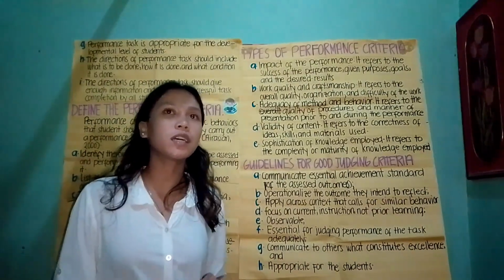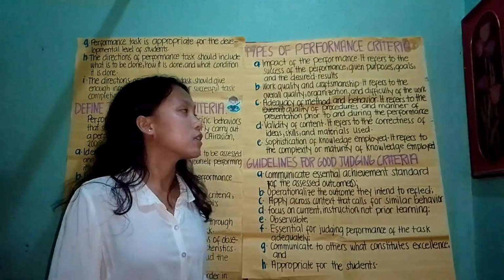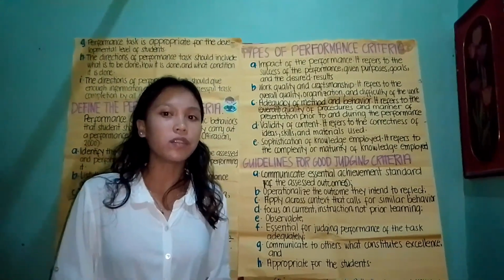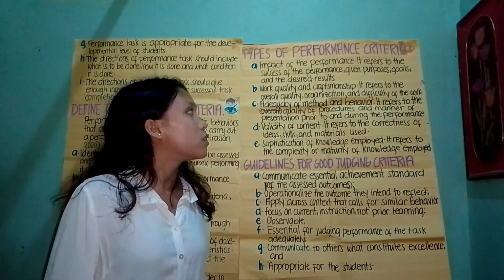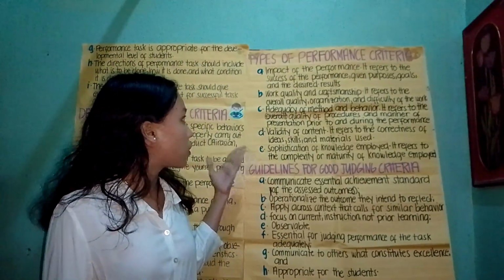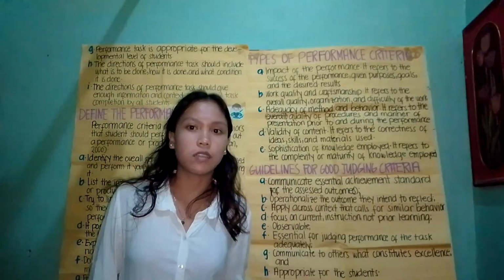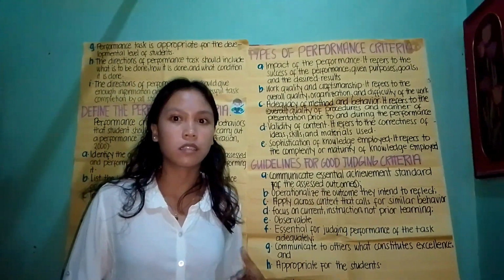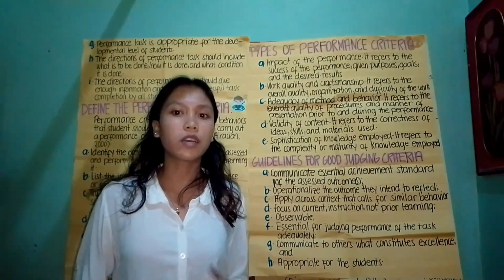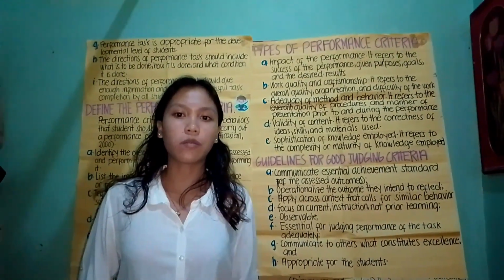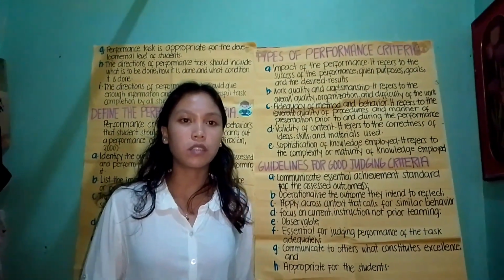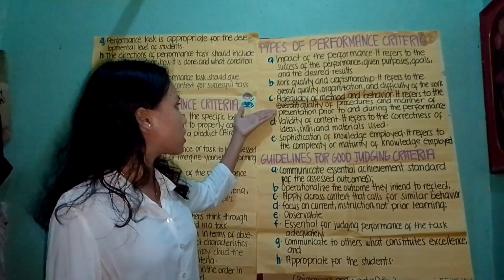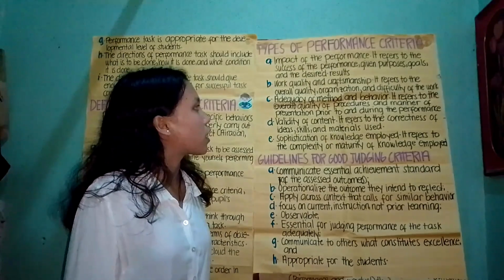So kisay na idea sa inyo about ani. So okay, very good. Work quality and craftsmanship focuses on how well the work is done. It looks at organization, difficulty, and overall quality of the performance or product. Letter C is efficacy of method and behavior.